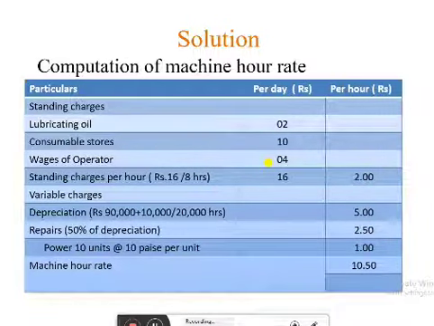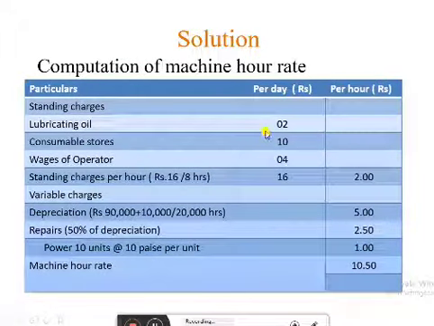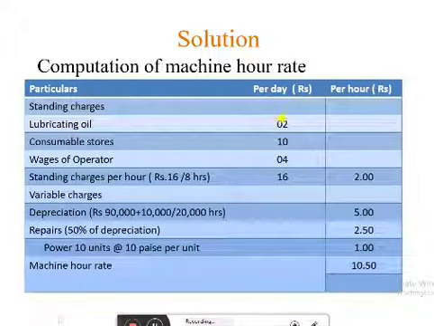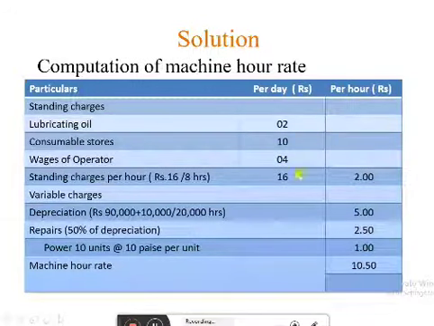In the solution, we have the format for computation of machine hour rate. Lubricating oil: how much is it? Per day it is 2 rupees. It is given in the per day column, so we calculate for per day and for per hour; two divisions have been made in this machine hour rate.